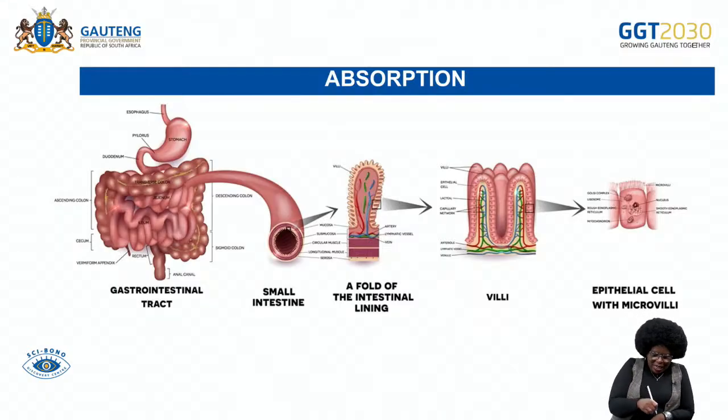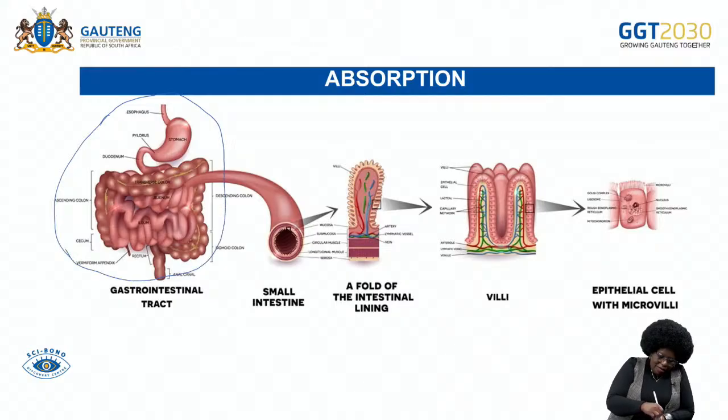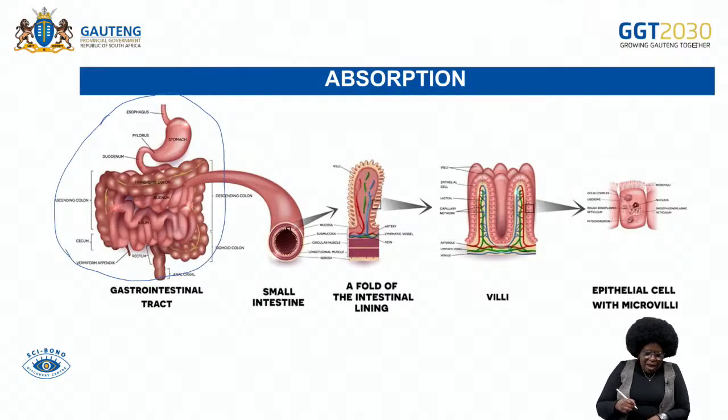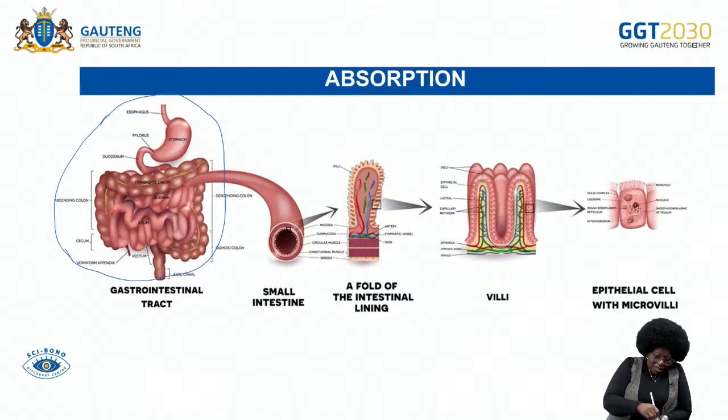Just look at this quickly. So we have got that general structure of the human alimentary system, right? We're not really worried about the presence of the esophagus. We're not looking at the stomach. We are looking at the small intestines.